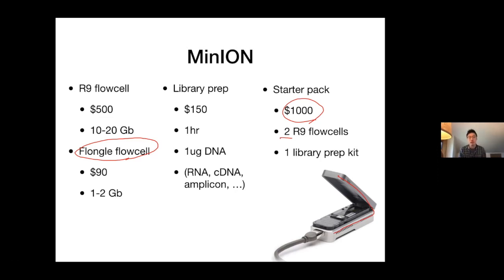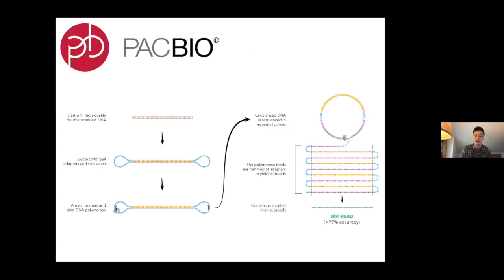Okay, so that's nanopore. But I also want to introduce PacBio, give some background about PacBio as well. The really up and coming, really promising thing coming out from PacBio is the HiFi reads. I have seen some plant genomes assembled using HiFi reads, and they are amazing.